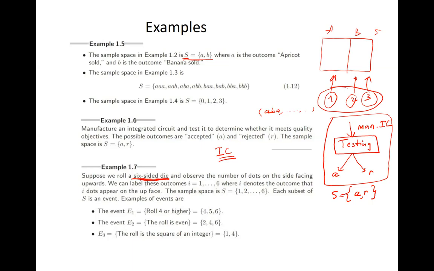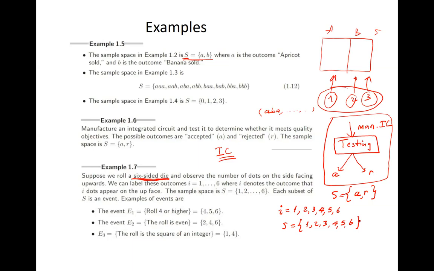And as you know, since this is a 6-sided die, the results will be 1, 2, 3, 4, 5, and 6. Okay, we have 6 different outcomes here. And then the sample space of this experiment will be 1, 2, 3, 4, 5, and 6. So if we roll a die, we might get any of these numbers.